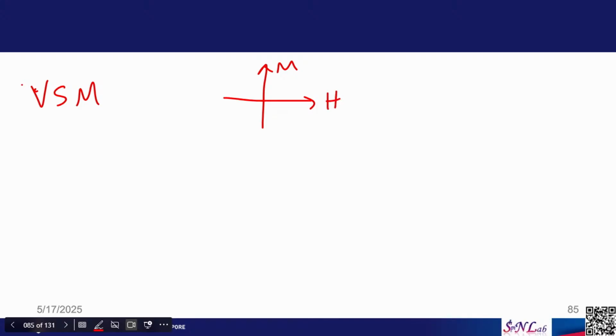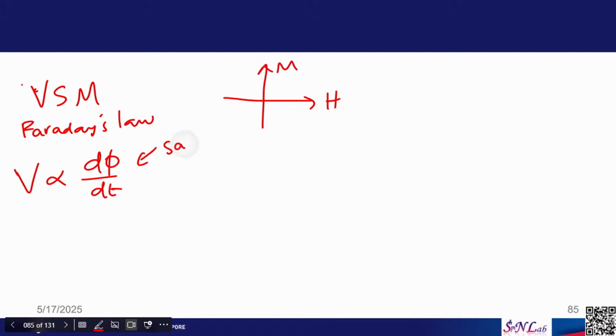Particularly, the vibrating sample magnetometer relies on Faraday's law of induction, which states that if there is a time varying magnetic flux and you have a pickup coil in the vicinity, then the pickup coil will pick up a voltage which is proportional to the time varying magnetic flux. This magnetic flux comes from your sample.